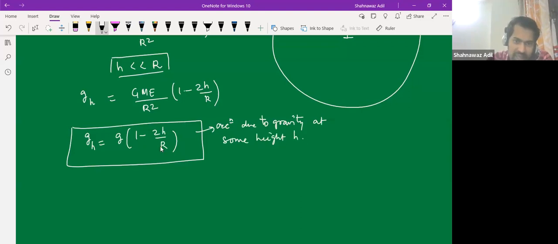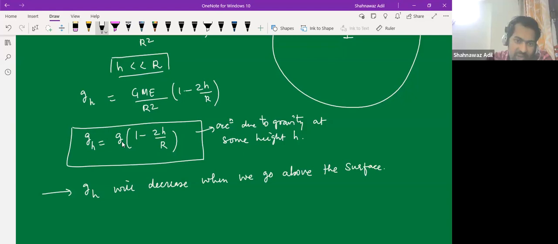We can clearly see from here that gh will decrease when we go above the surface, which means that we are subtracting 2h by R from 1, so gravitational acceleration at the surface is greater than at some height.